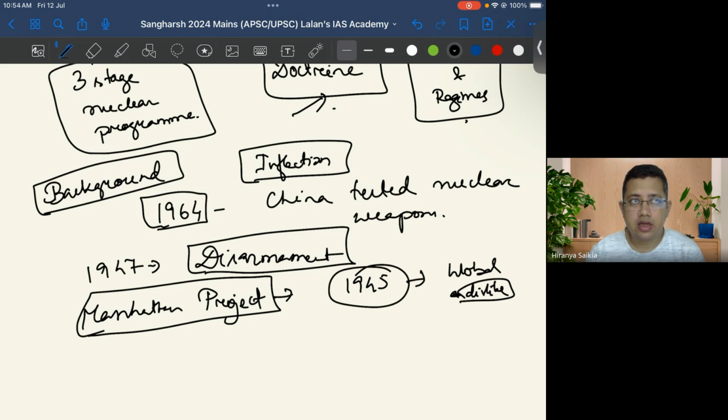Everybody feared, looking at the consequences of Hiroshima and Nagasaki, what would happen if something like that happened in the eventuality of USA and USSR going to war, considering the scale of weapons that they were developing. It would lead to destruction of the world.